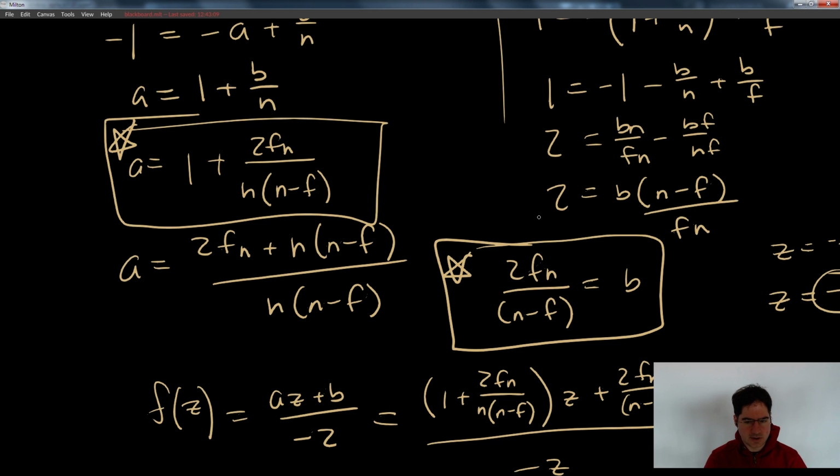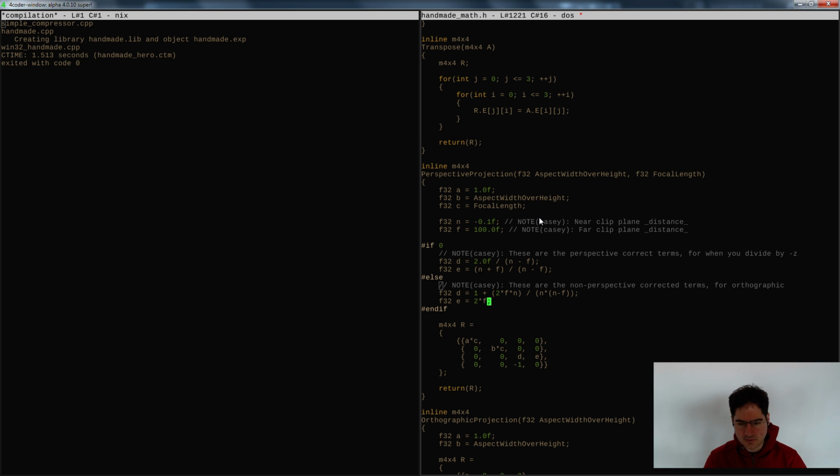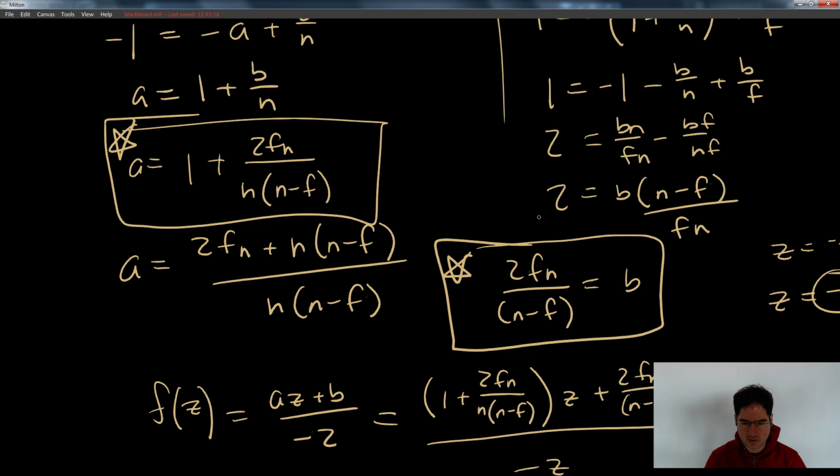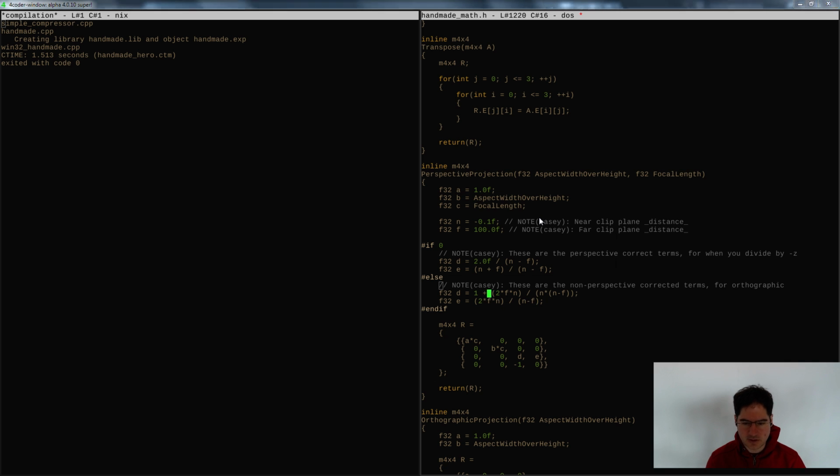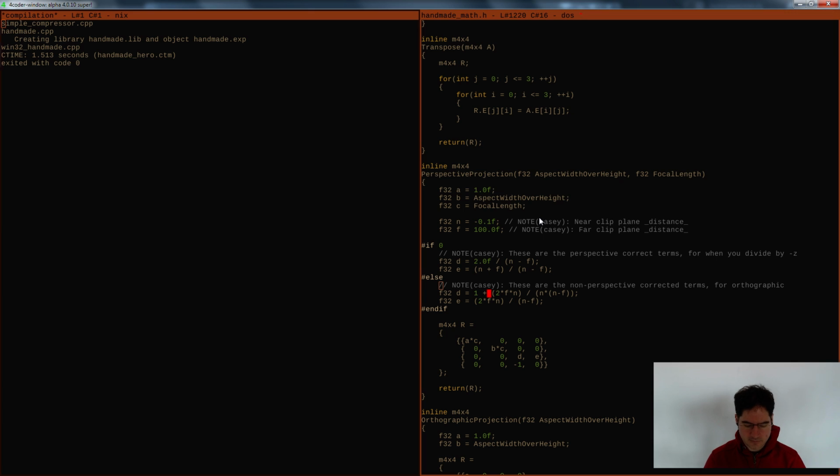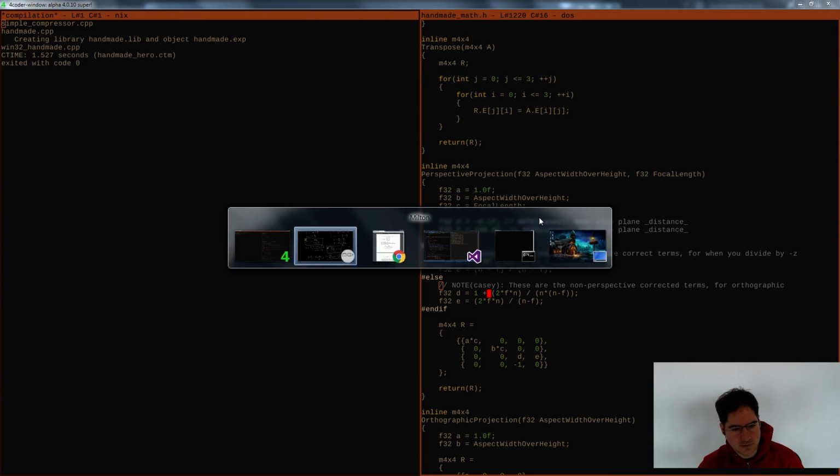And then here we've got 2 times f times n over n minus f. You can see there's common terms there as well, so you wouldn't actually have to compute all of those. And I think we've got all those. And so that should be correct now.